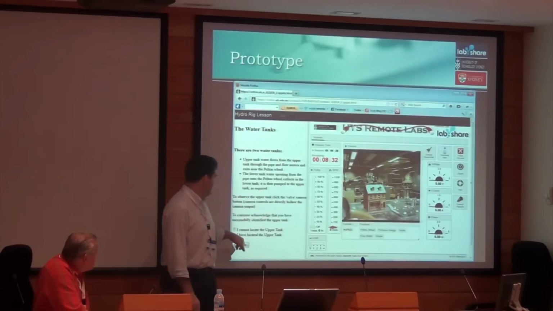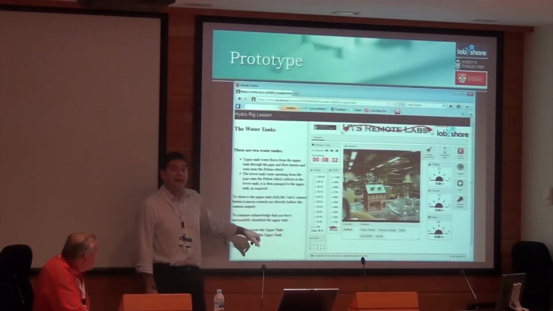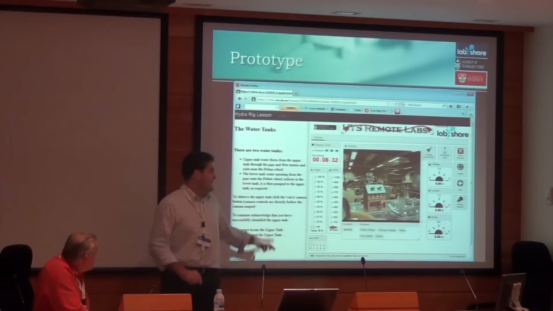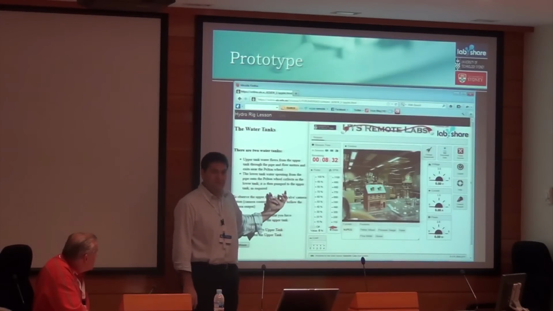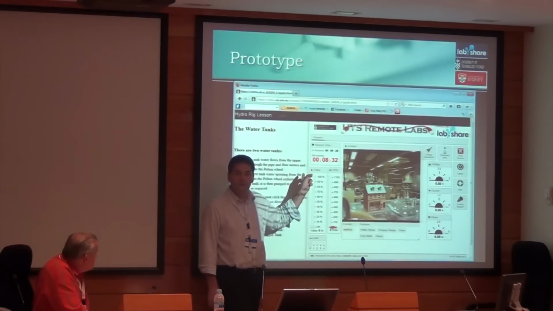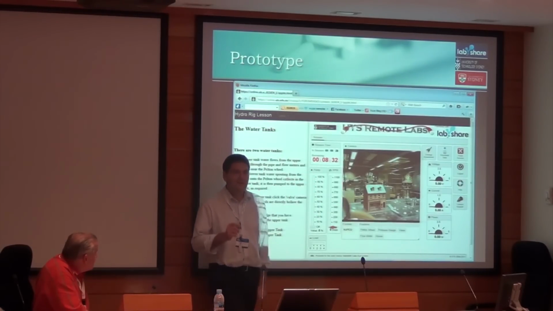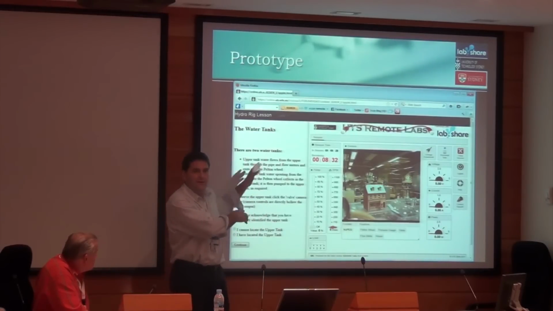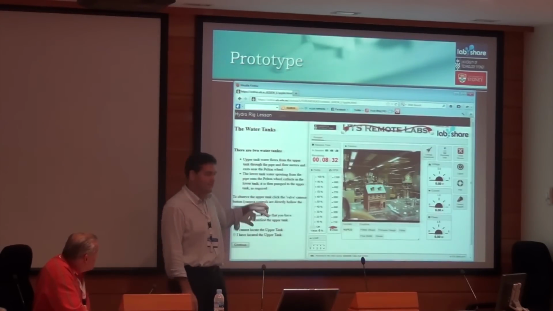Even more interestingly, if they click the button that says, I've located the upper tank, and then try to continue, the adaptation rules can query whether or not the camera has been moved over to look at the upper tank. And if they've moved it over there, it says, yes, fine, and then it gives them the next instruction.